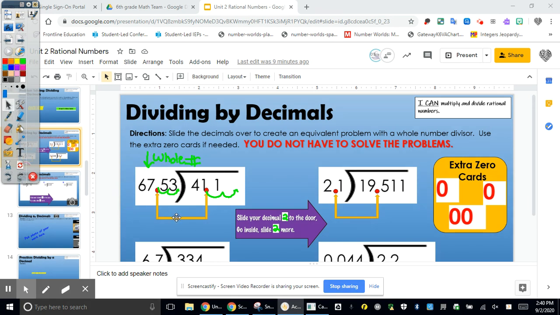So watch here. If this decimal moves 1, 2, then this decimal should move as well. So you notice here how both decimals moved. Now this decimal is at the end, which made the divisor a whole number.